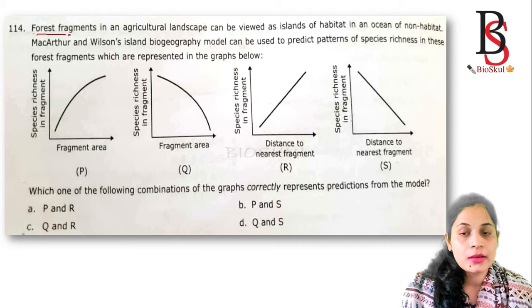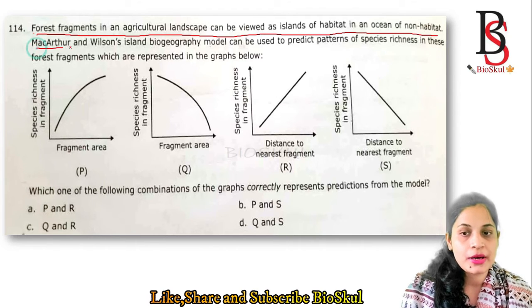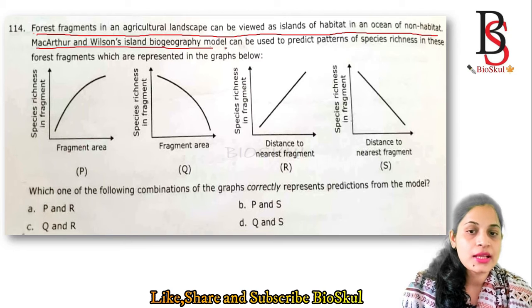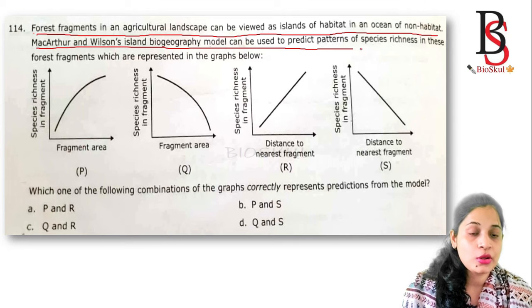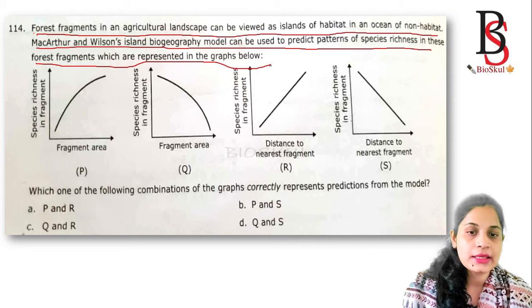Forest fragments in an agricultural landscape can be viewed as islands of habitat in an ocean of non-habitat. MacArthur and Wilson's island biogeography model can be used to predict patterns of species richness in these forest fragments, which are represented in the graphs below.